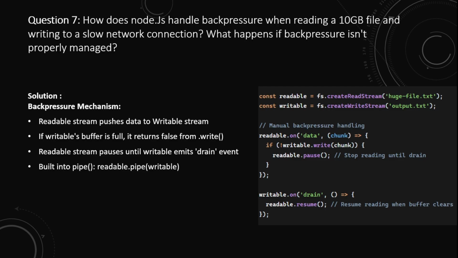Node.js by default provides the pipe method to handle back pressure situations. The pipe method manages data flow from the readable stream to the writable stream, and it automatically pauses or resumes the data flow based on the back pressure situation. It also handles error propagation, and it closes the writable stream when the readable stream ends.